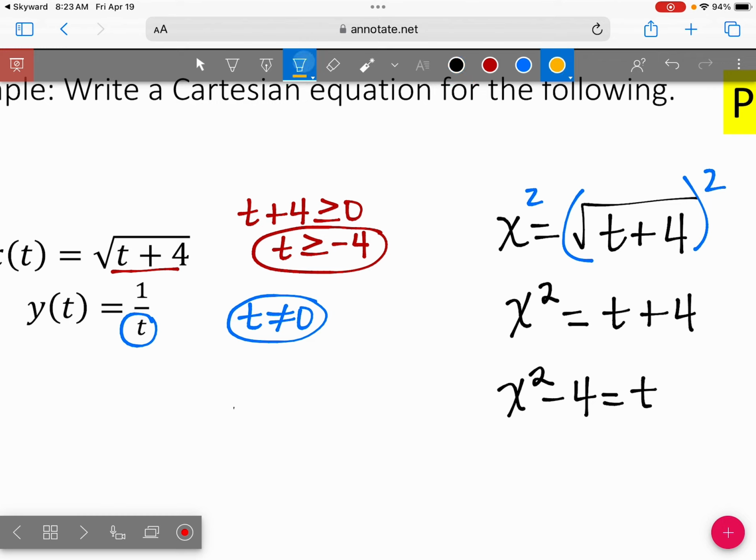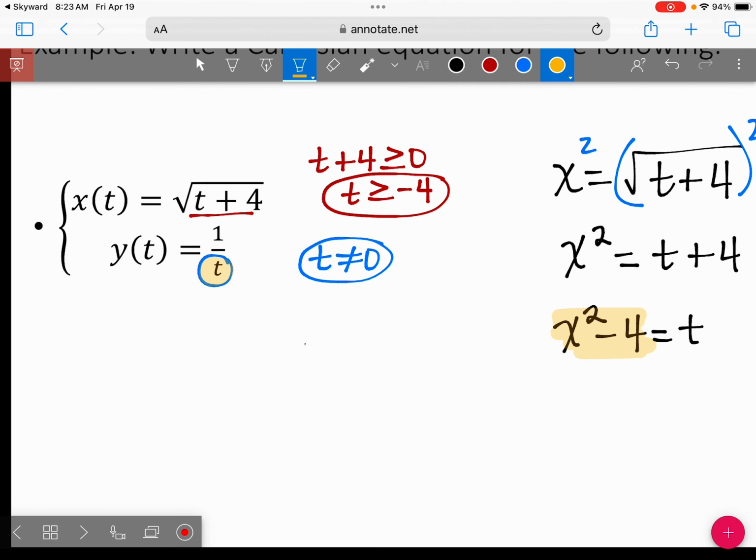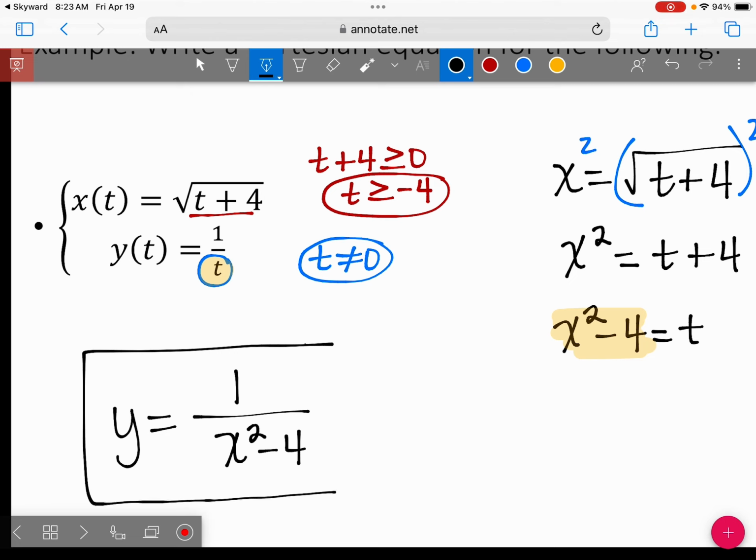And now I'm going to take this and put it here. So my equation is going to be y equals 1 over x squared minus 4.